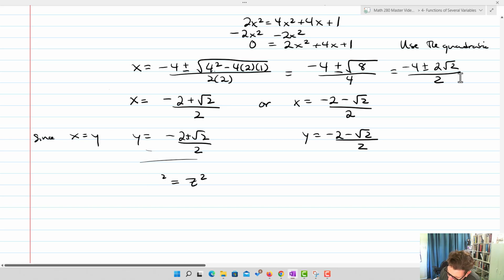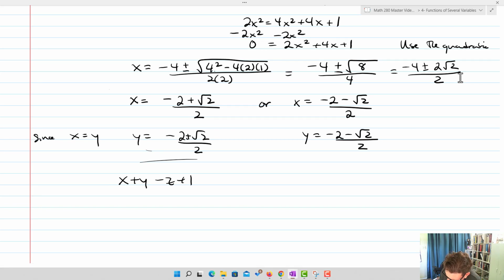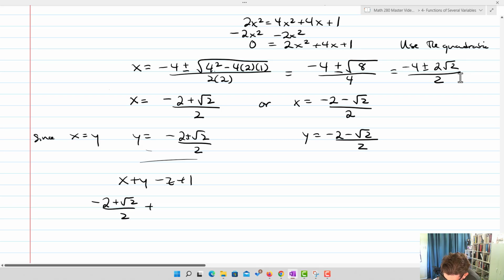Actually, probably better for us to just use x plus y minus z plus 1. So x and y are both the same. So we'll get negative 2 plus root 2 over 2 plus negative 2 plus root 2 over 2 minus z plus 1 equals 0.